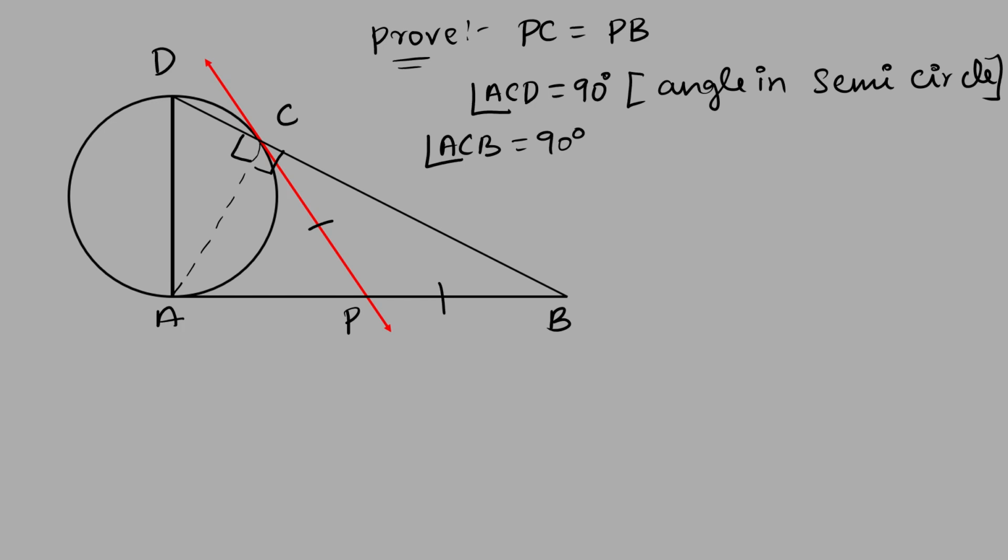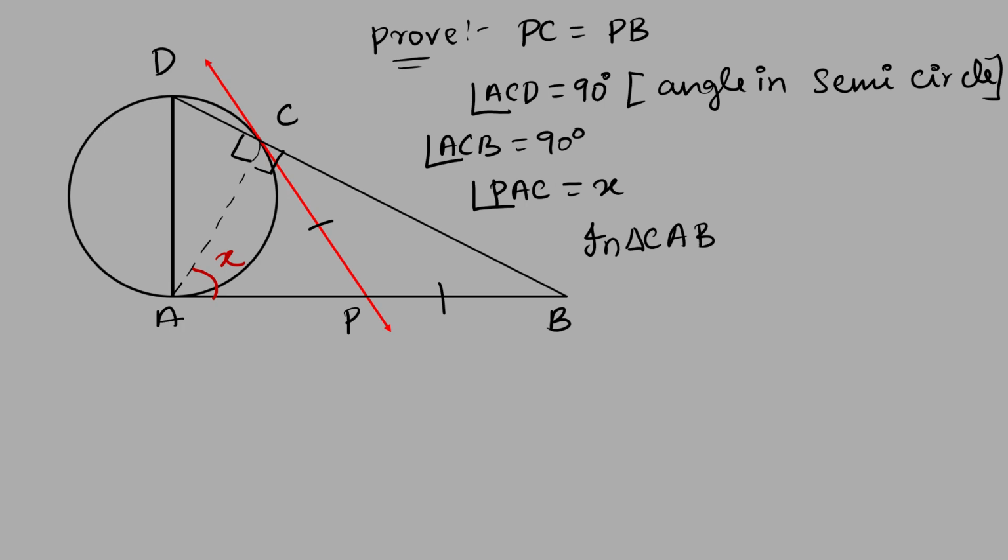So let that be. And now we are going to consider angle TAC equal to X, that is this angle as X. Okay, so when I consider that angle as X, consider the triangle CAB.